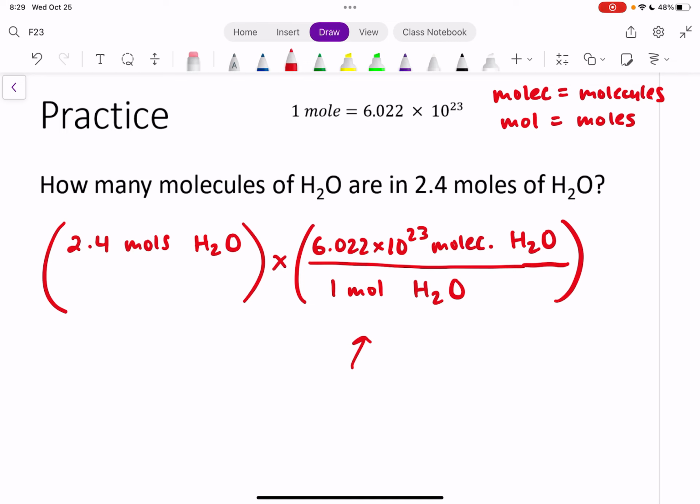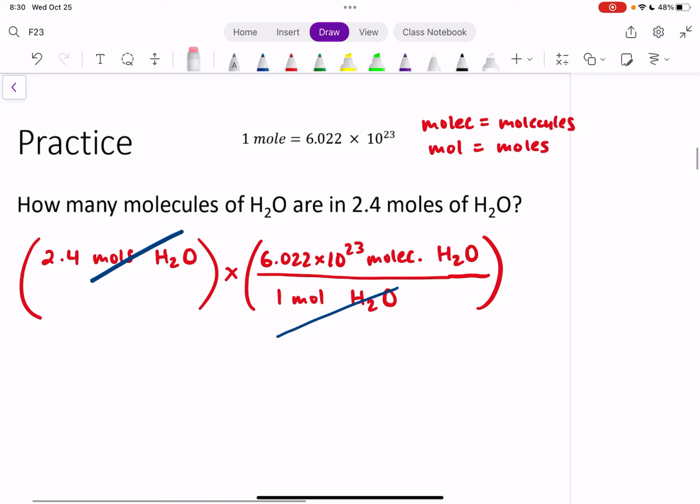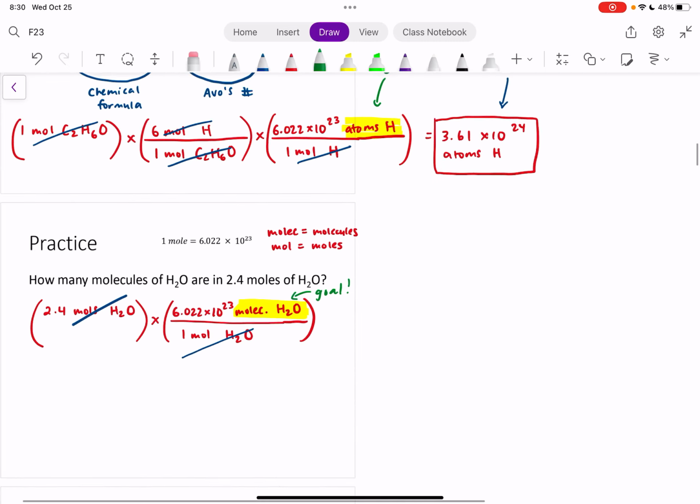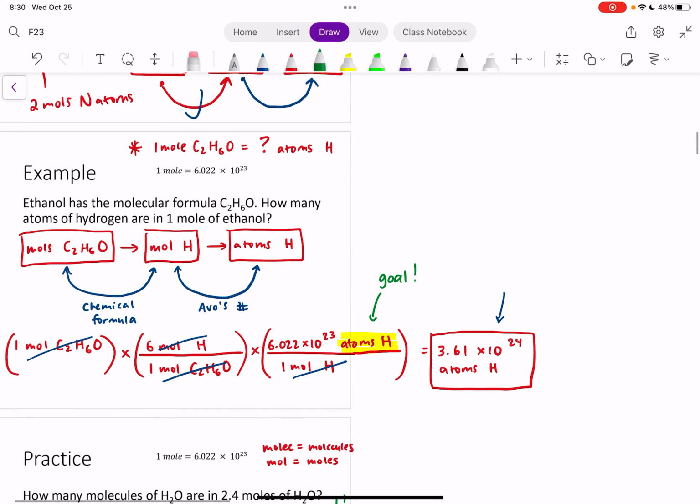Okay, so they're different. Now we have moles of water in our numerator and moles of water in our denominator, and we can cancel those out. So we're left with molecules of water on the top, and that was our goal. That's what we wanted to get to. So actually less steps than something like this.